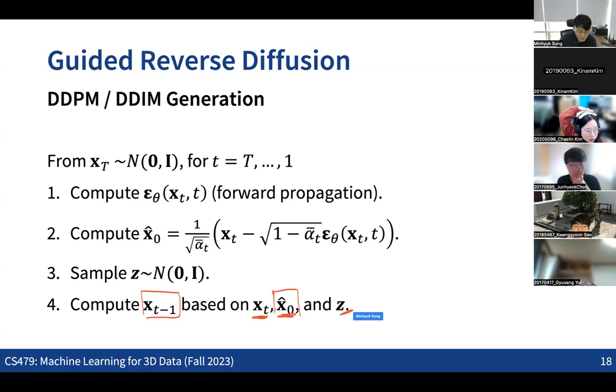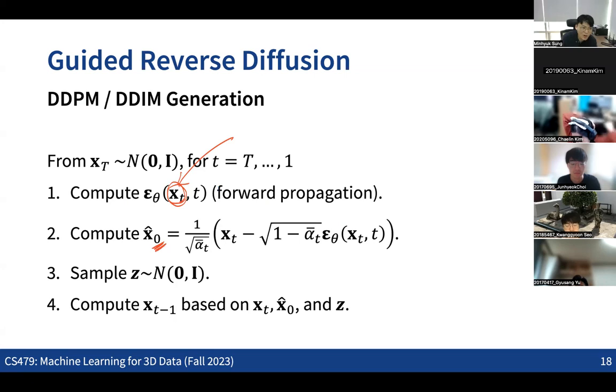What we can see here, and the interesting thing, is that given any noisy data in an intermediate step, before we go over the entire reverse process, we already get a prediction for the final output. Can you see this? So that's the idea.